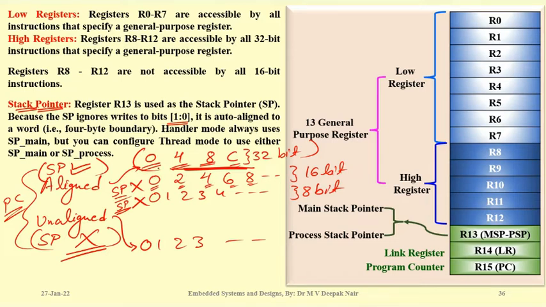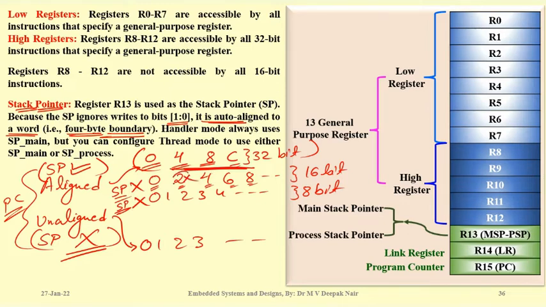Anyone having any doubt in this part? Look here, it is auto aligned to word, that means 4-byte boundary. It is not aligned to 16 or 8-bit. So the stack pointer will not point to memory locations starting with 2, 4, 6 or something like that.